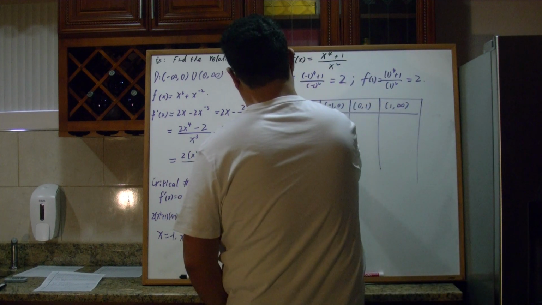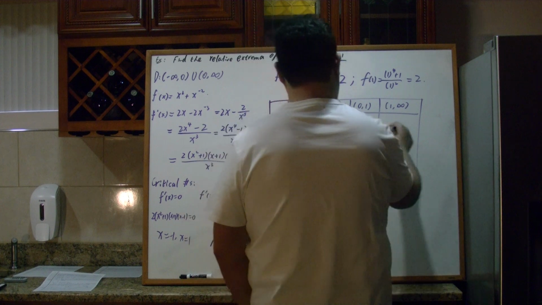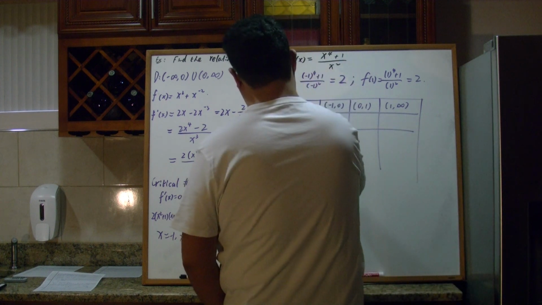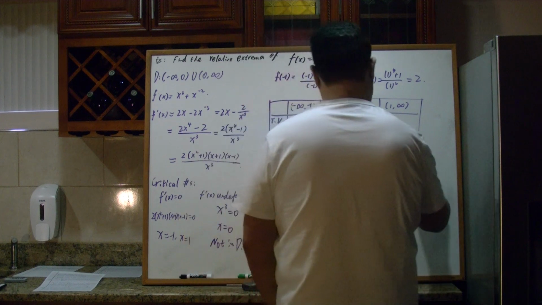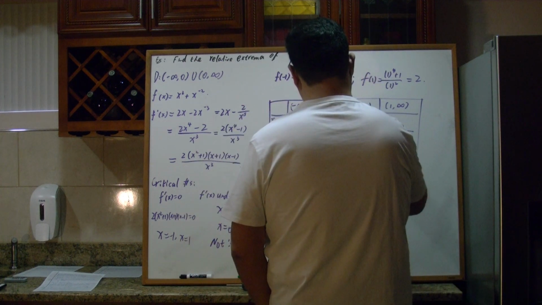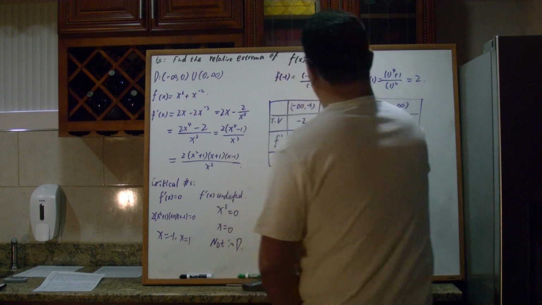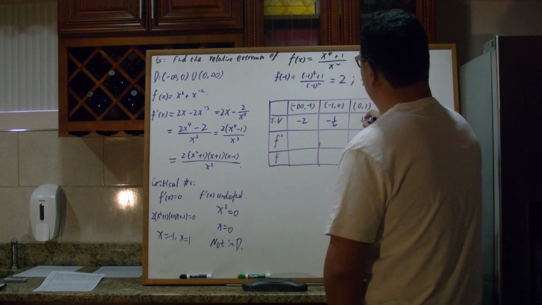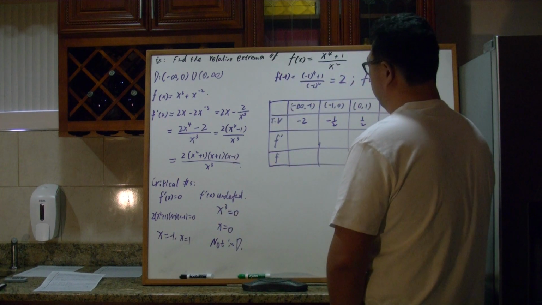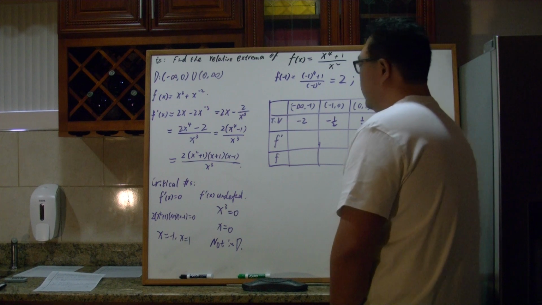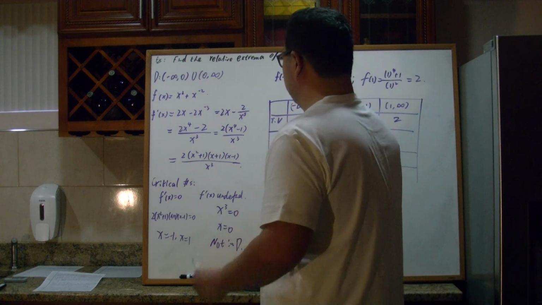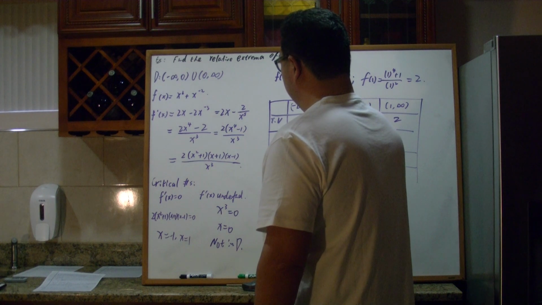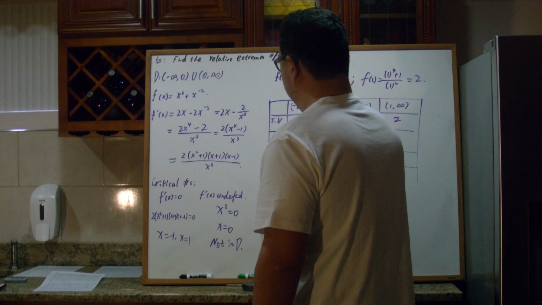For the test values for f prime, and finally for the function f, negative 2, negative a half, 1 half, and 2 are the appropriate values. Well, what we can see is 2 and x squared plus 1 are positive.